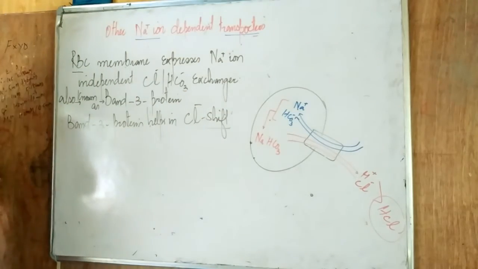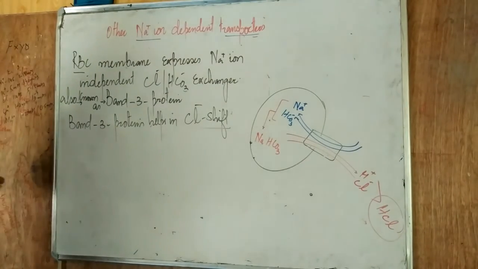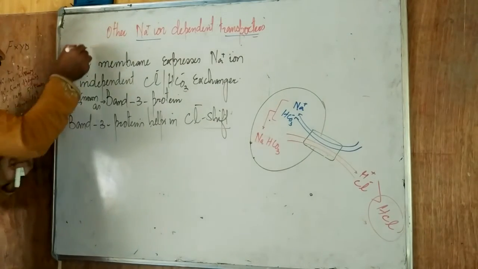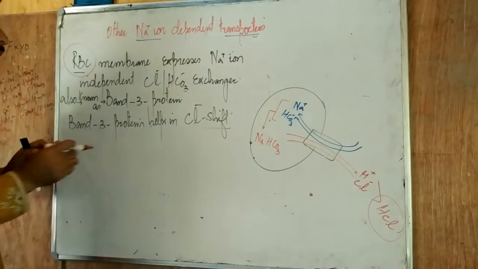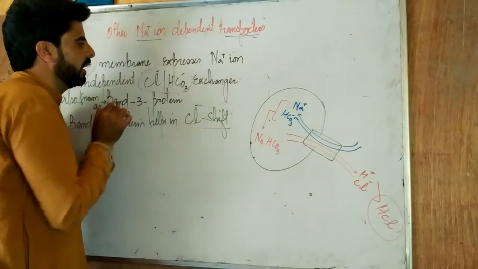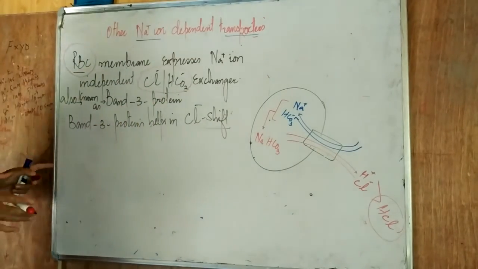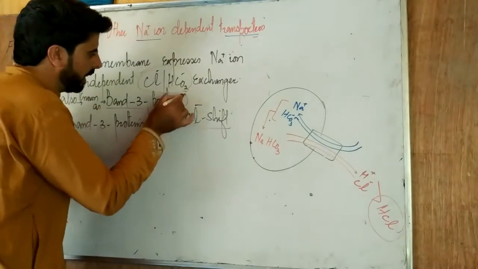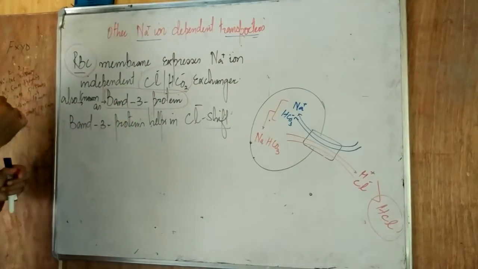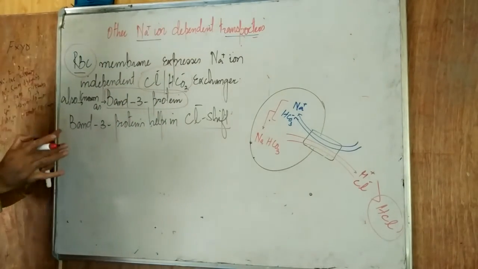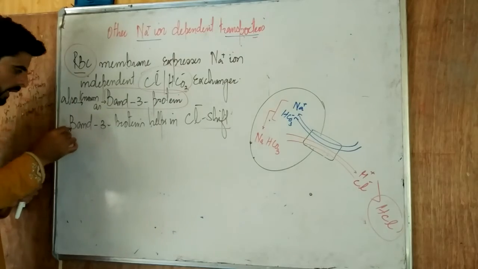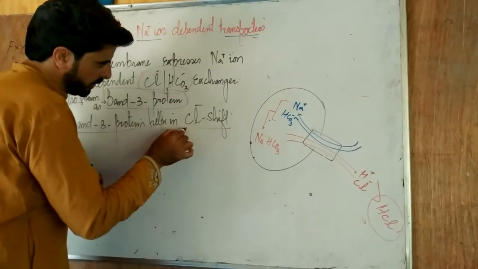You got to keep in mind, it's helping in a chlorine shift in case of RBC, that is a red blood cell. So the red blood cell also has the same exchange. There is a chlorine ion and bicarbonate ion exchange, but that is known as band 3 protein, which is independent of the sodium ion. It's not dependent on the sodium ions as in the previous one. And this band 3 protein helps in a chlorine shift.